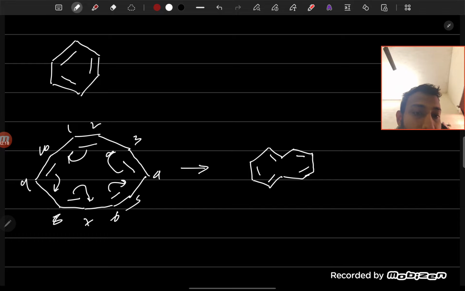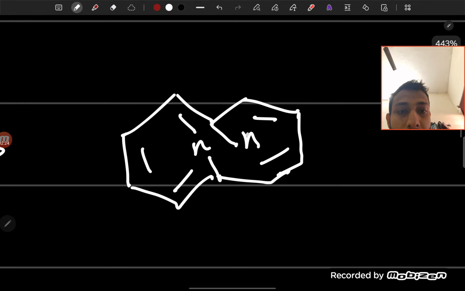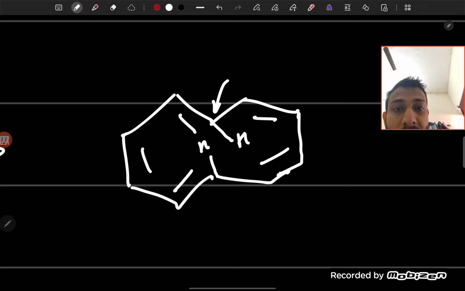The reason is that they have two hydrogen atoms here. Let me zoom in on this compound. There are two hydrogens between that bridge. This is a bridgehead carbon, and this is a bridgehead carbon. It is not yet a bridgehead, but it will be later.